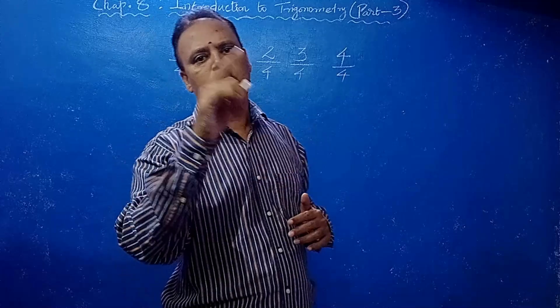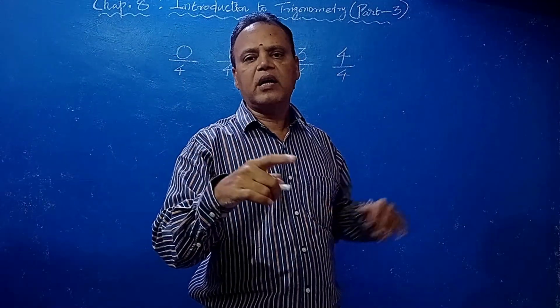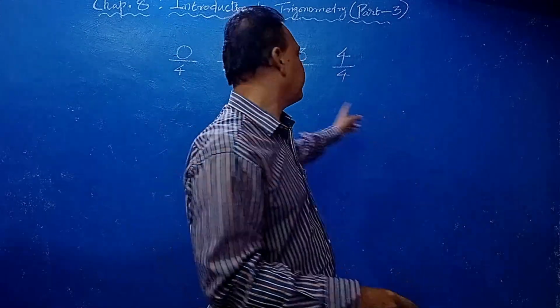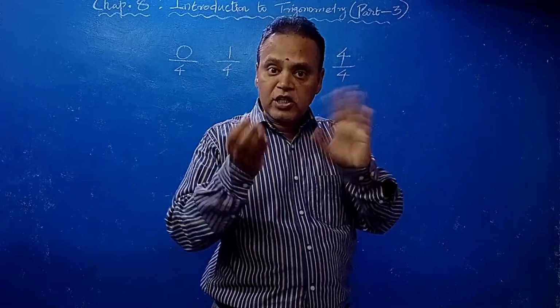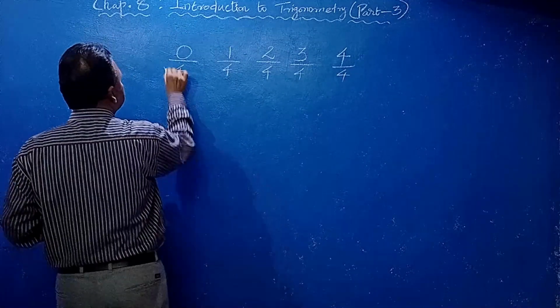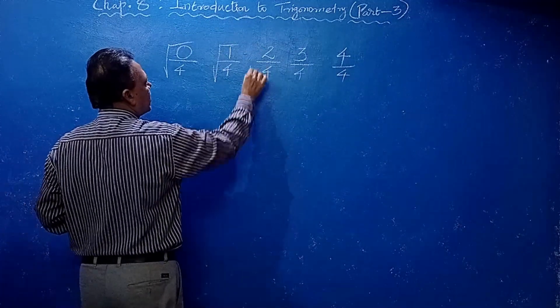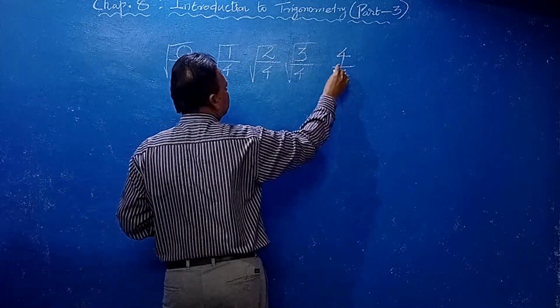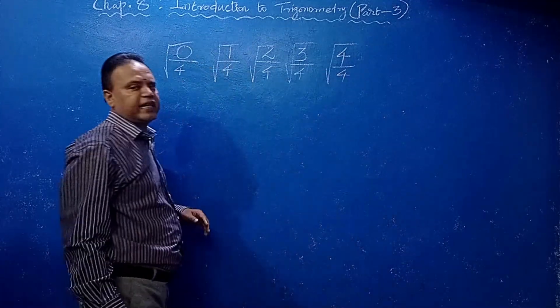So step by step: first you write 0 to 4, then you divide all the numbers by the last value. The next step is taking the square root of all the numbers. If you remember this method, you can easily write the ratios.